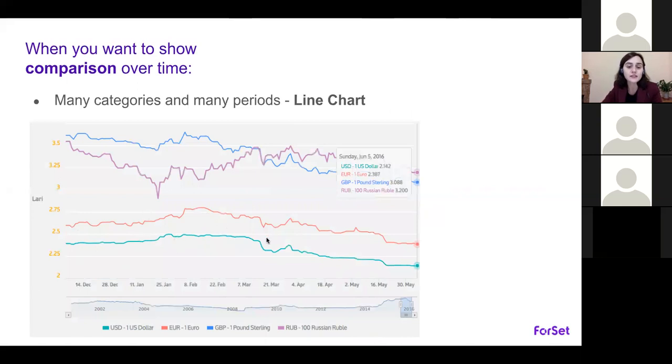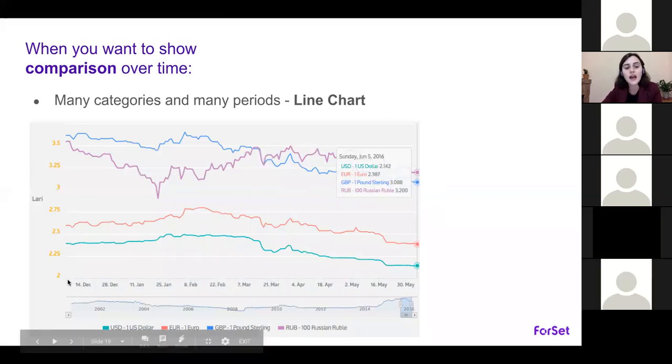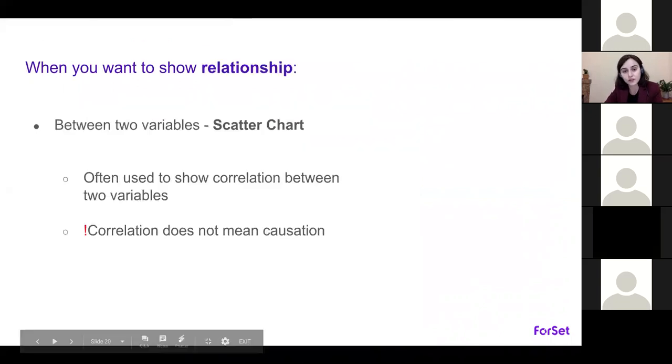And the line chart is the best chart type in this case, because it creates a very accurate trend line, because we have the data starting from around 10 December to 30th of May. So we have around 200 data points for each of those lines. In this case, the line chart is a very good solution.